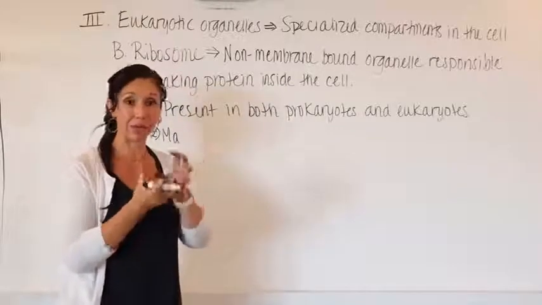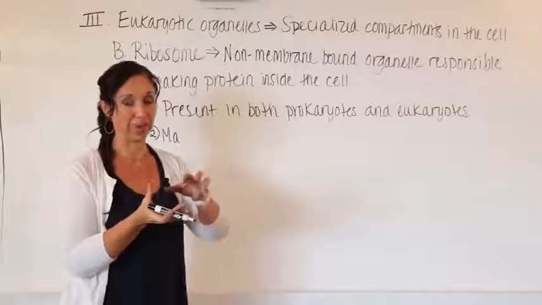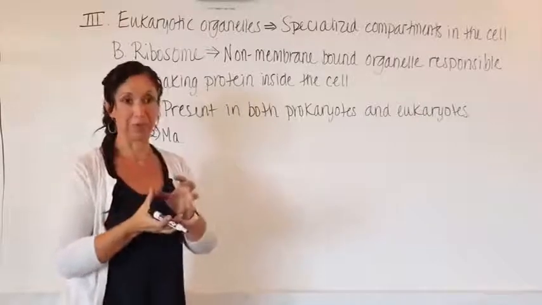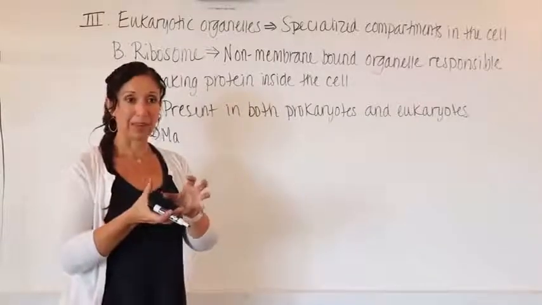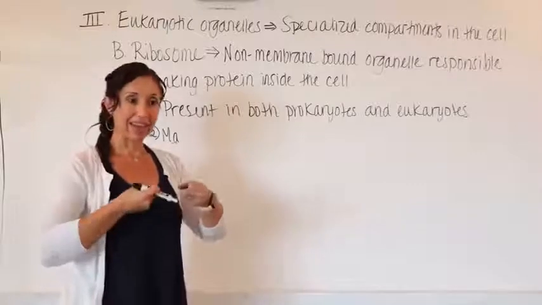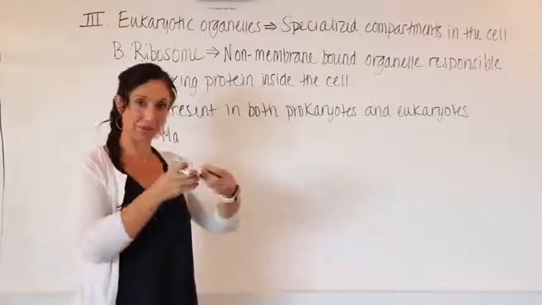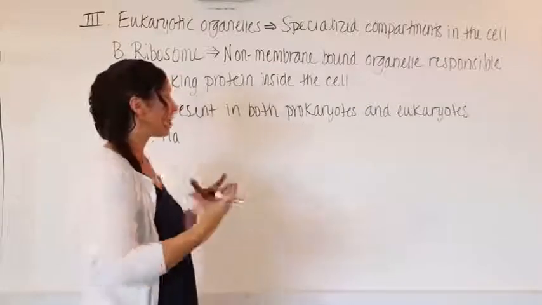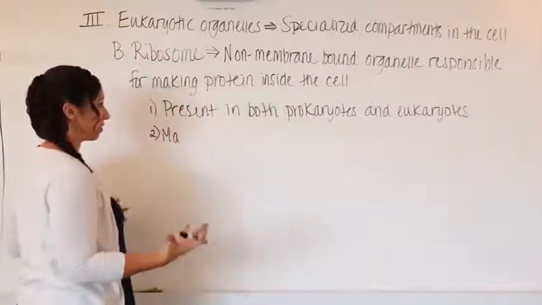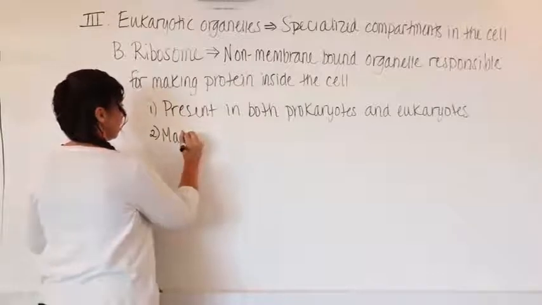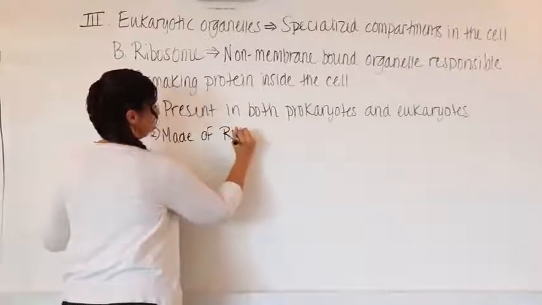In this case, they'll make a ribosome. You could make other structures as well, but in this case, you're making a ribosome. And this ribosome now has the catalytic activity to create proteins. It links all those amino acids together, and that's the protein machinery of the cell. So it's made of RNA and protein.